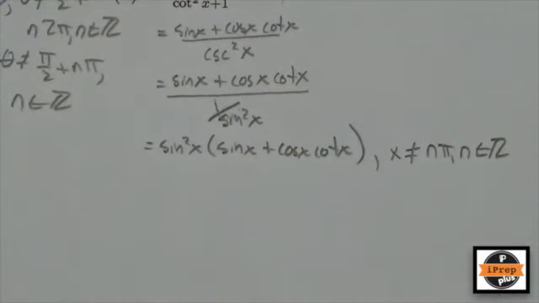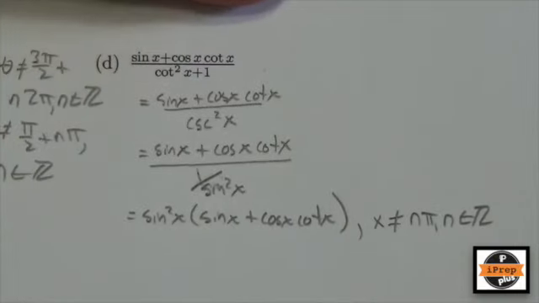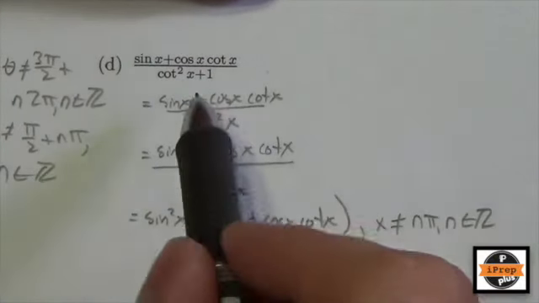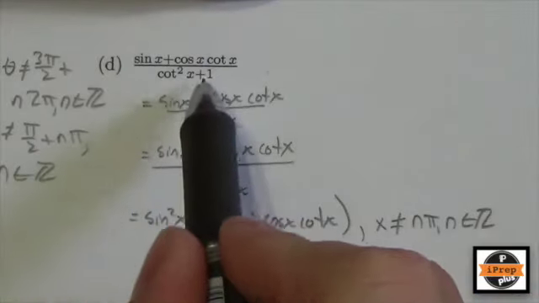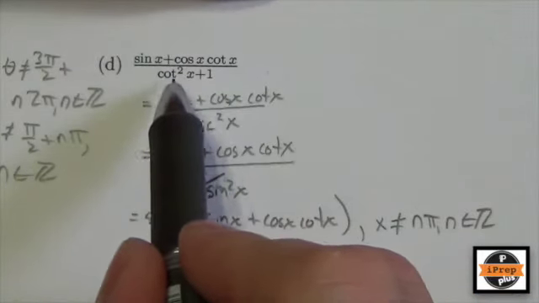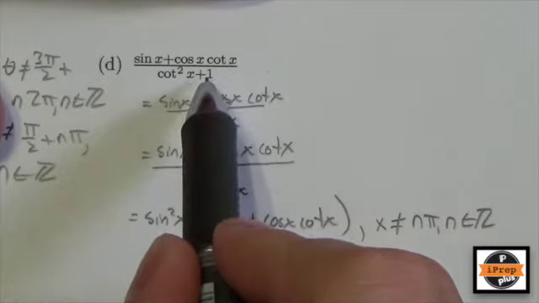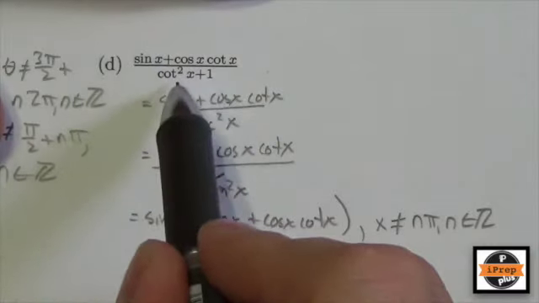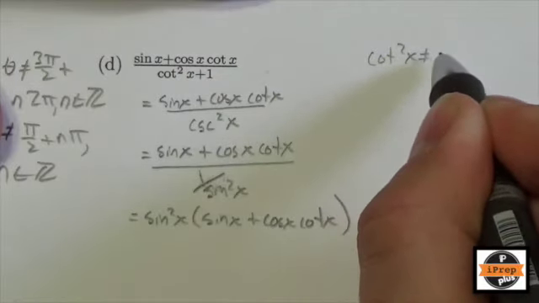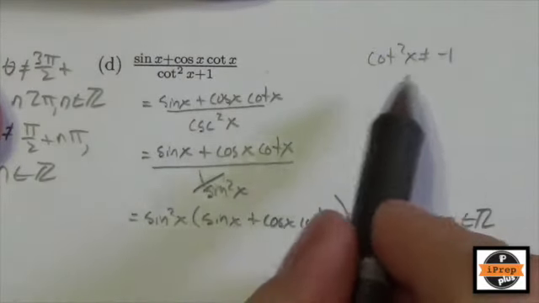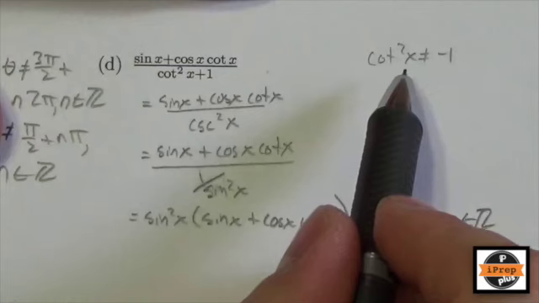Now, what's interesting about this, everybody, is we take a quick look up here. I can't allow sine squared to go to 0, but watch this. There might be a question here as well: what about the cotangent squared of x plus 1? I also can't let that go to 0. But that means that the cotangent squared of x can't equal -1. And the truth is, that never happens.